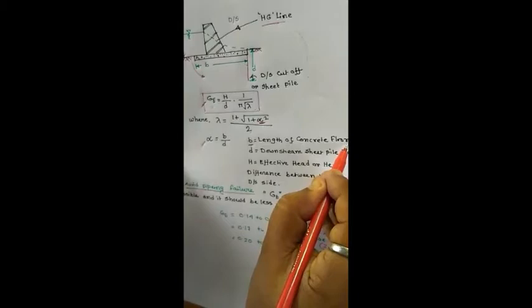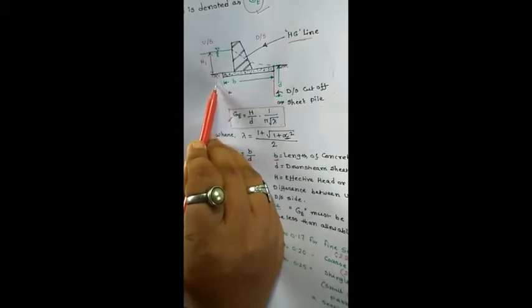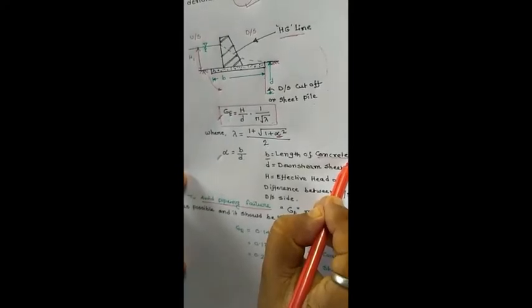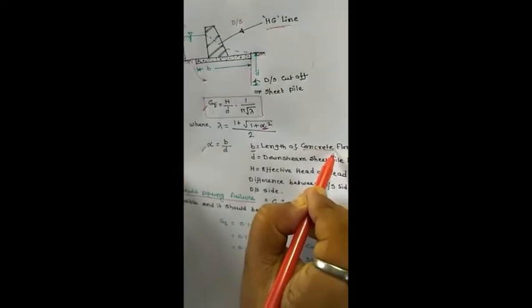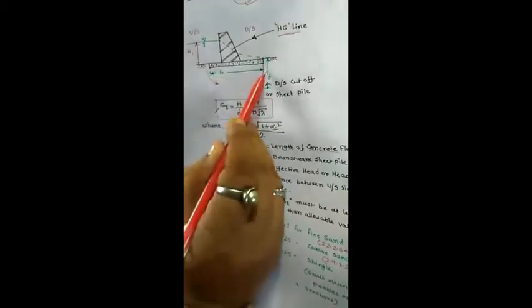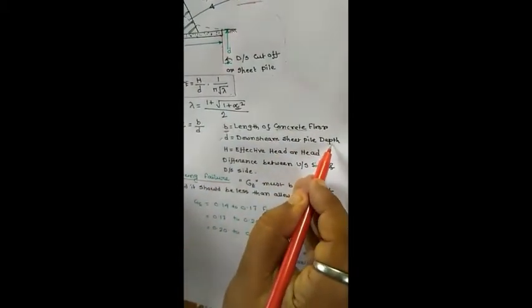Length of the concrete floor. So do not assume that the entire length of the base is B, not like that. You know the concrete is an impervious material, that means there is less percolation or nil percolation, nil seepage. So in case of a concrete floor, there is less percolation. So B is only the length of the impervious floor, and D is the downstream sheet pile depth.